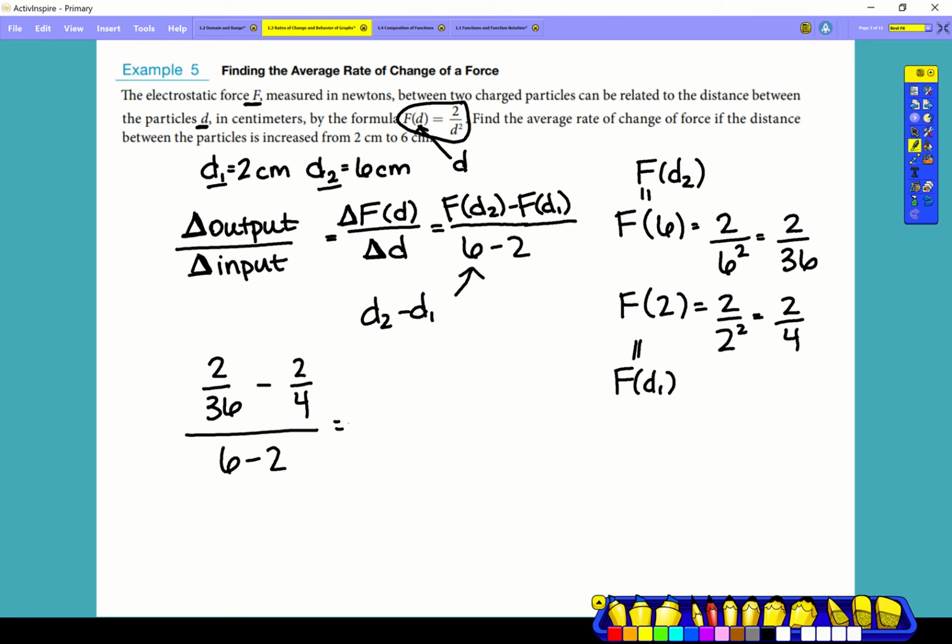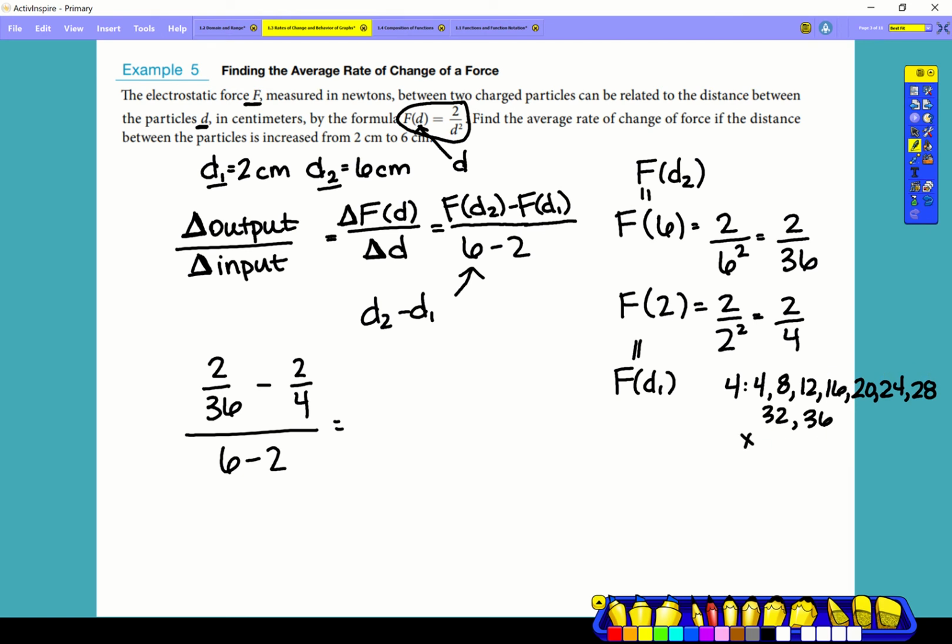So I guess we can start listing multiples. 4 is 4, 8, 16, 20, 24, 28, 36. 1, 2, 3, 4.